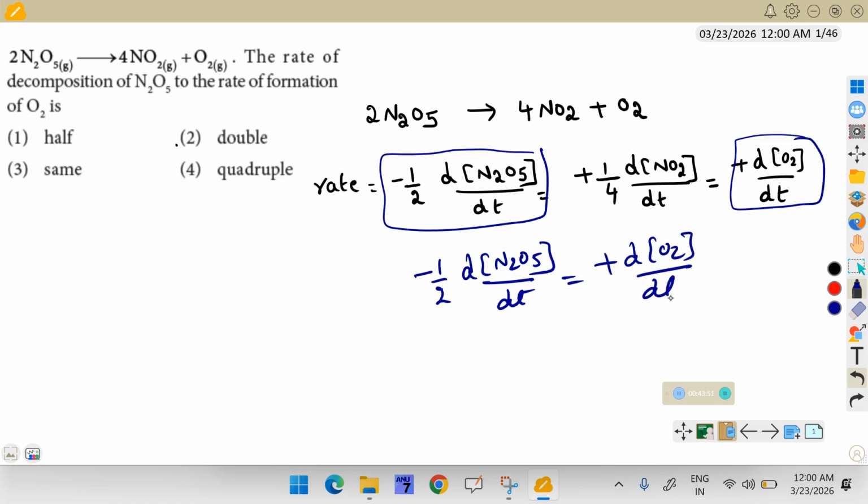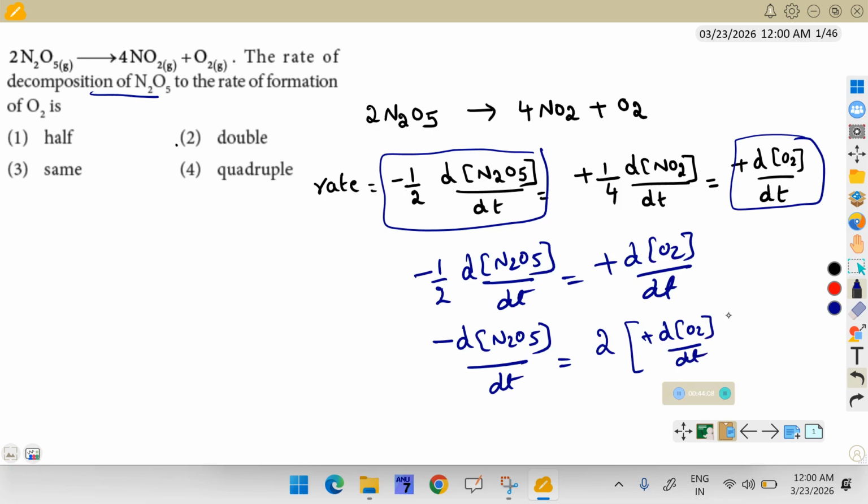The question is decomposition of N2O5. Then minus dN2O5 by dt is equal to 2 into plus dO2 by dt. That means the rate of decomposition is double the rate of formation of oxygen. So second option is the correct option.